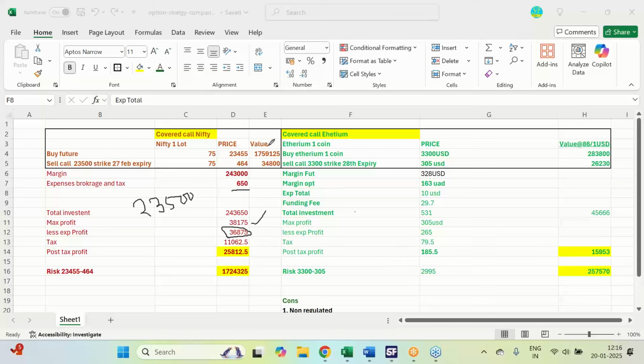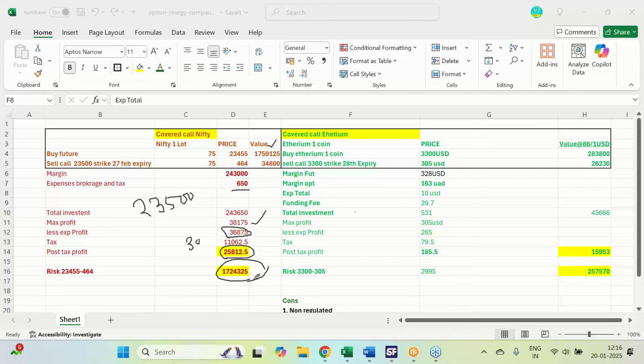Risk, how much? I have taken 17 lakh 15,125 rupees of risk. If I factor in the 30% tax here, my post-tax earning will be 25,812, and if I reduce that 464, my risk comes to 17 lakh 24,325.